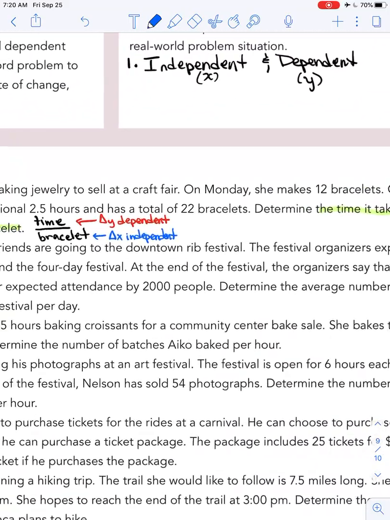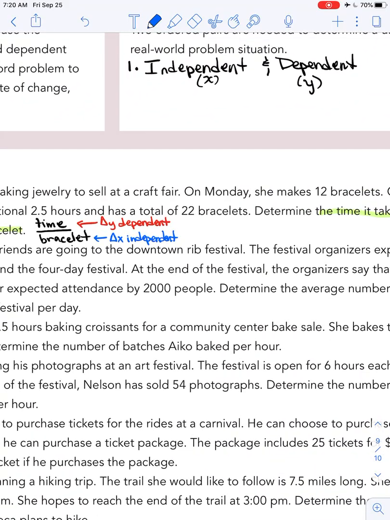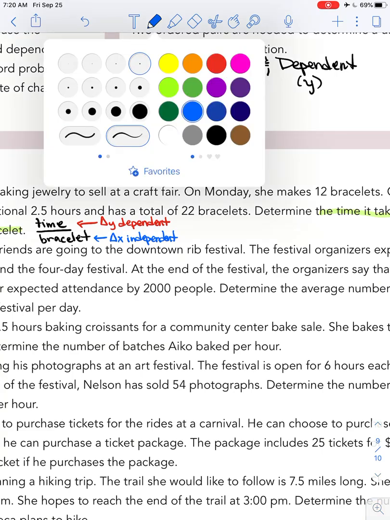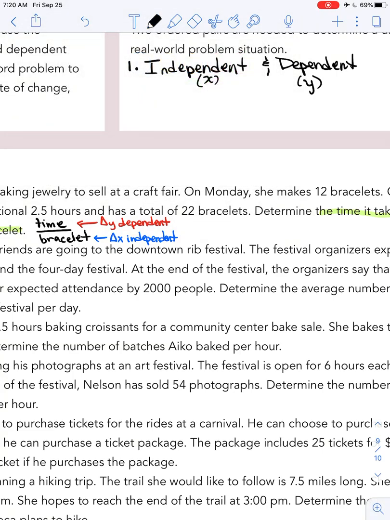So when I make it into an ordered pair, that means the independent comes first, then the dependent.